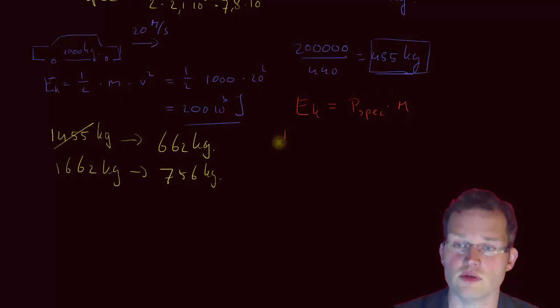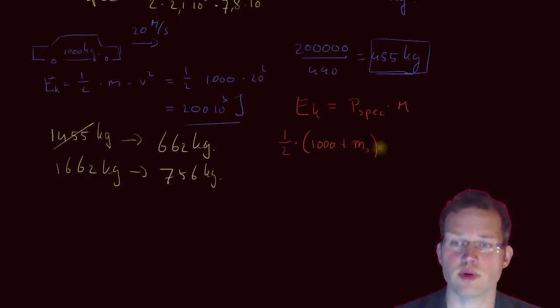If we write it like this, the mass of the car is not only the 1,000 kilograms of the car itself, but also the mass of the spring. So we have the mass is 1,000 plus the mass of the spring, times velocity squared, and this is 400. Let's write it like this: 400, it's 20 squared.